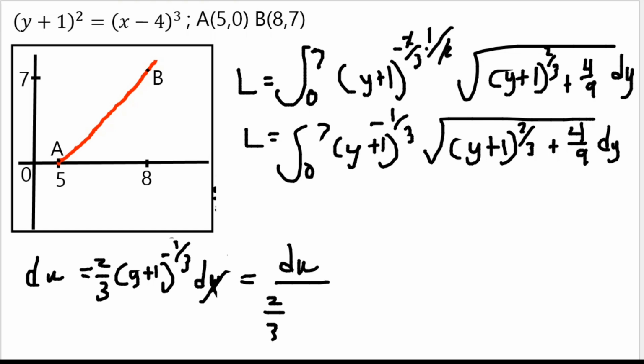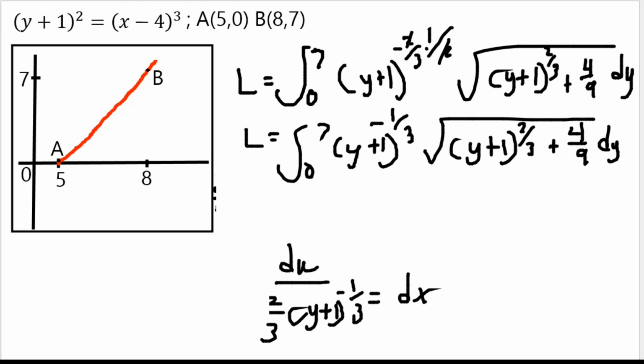So now we can just divide both sides and put this in our denominator. And then we can solve for the new values of u, the new values of the bounds. So if y equals 0, what is the value of u?